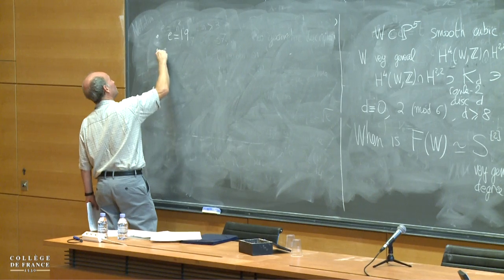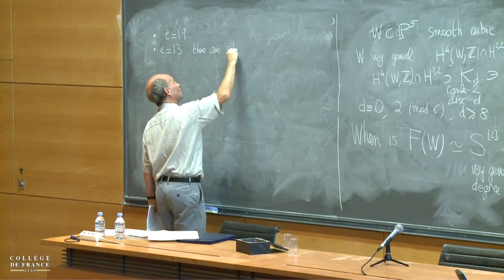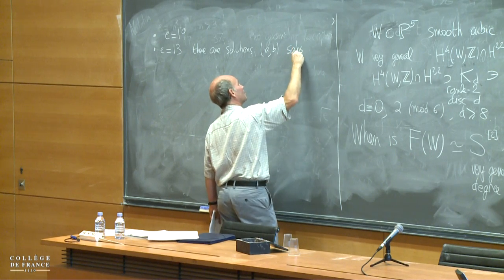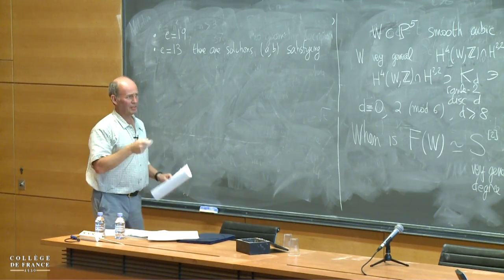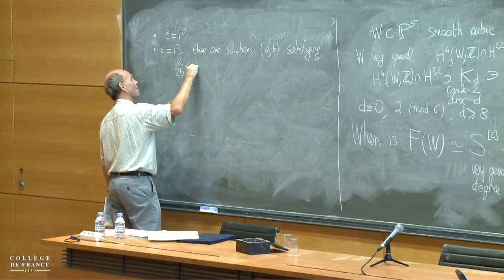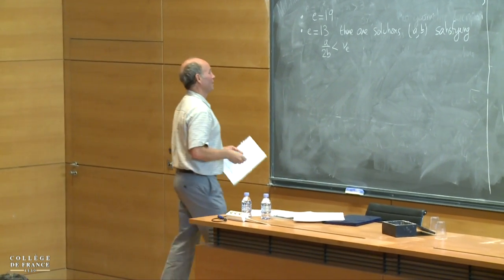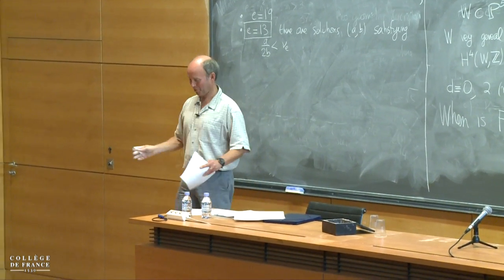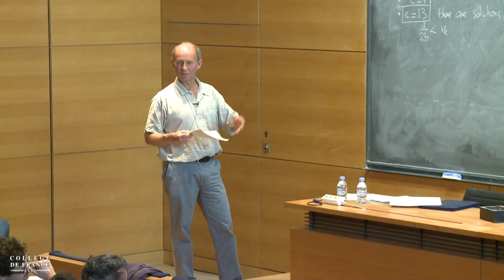When E is equal to 13, there are two solutions, A, B, satisfying the inequality A over 2B. But this is not surprising, because this is the case where you have everything, and so in particular it also has a non-trivial involution according to the first theorem.